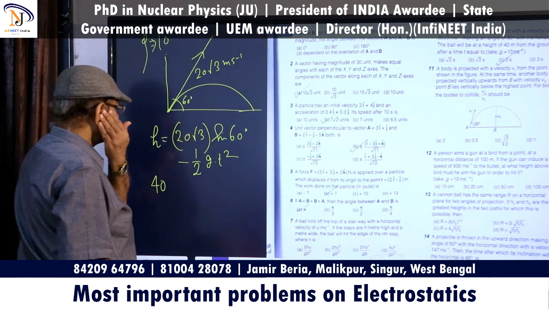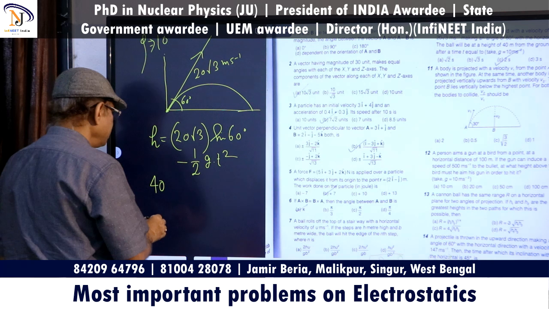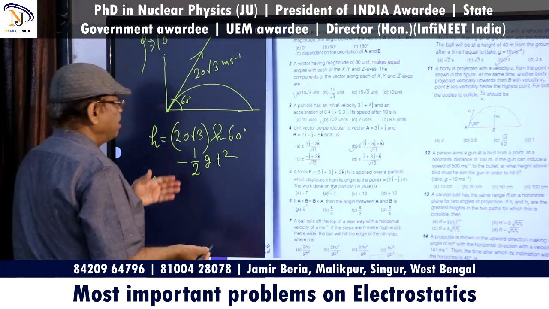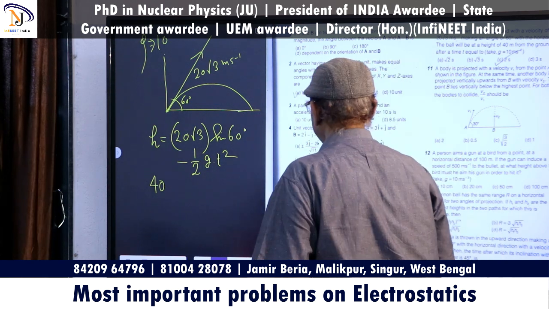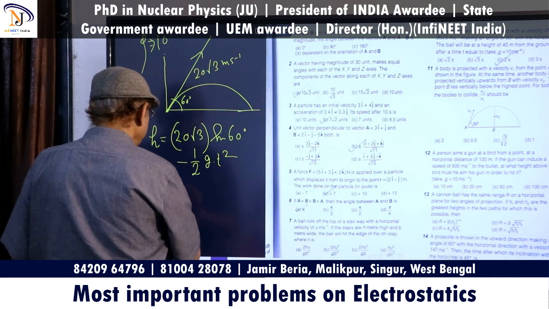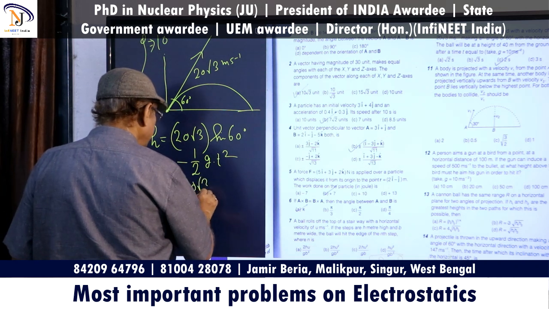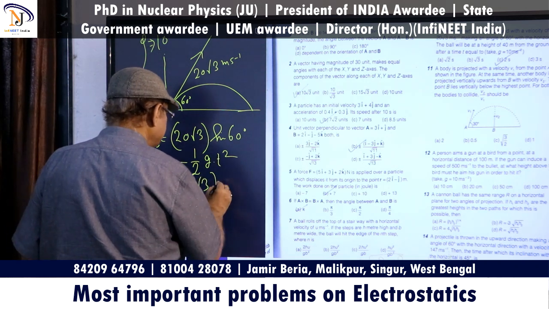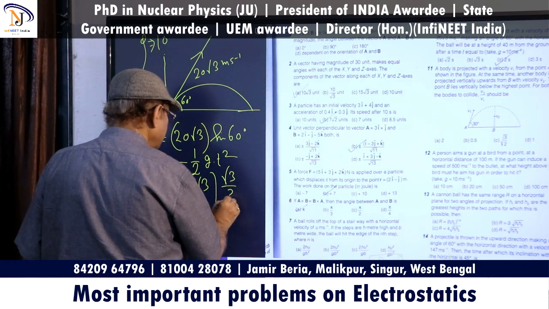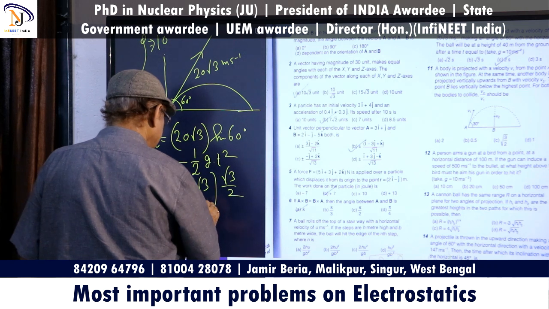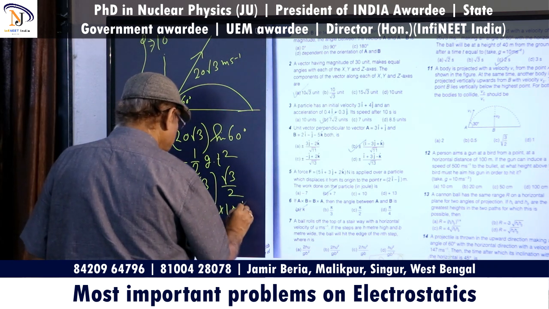All are in which system? All are in SI system. G is also given, you may consider G as 10. Okay, no problem. So this is equal to 20 root 3 into sine of 60 degree, means root 3 by 2, minus half G means 10 and T square.